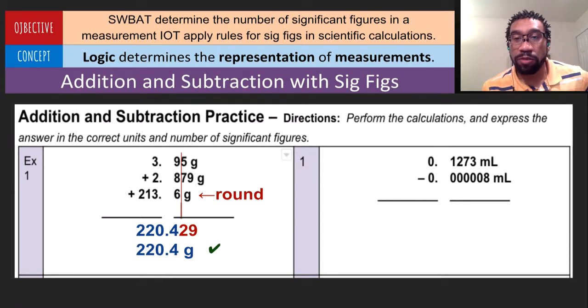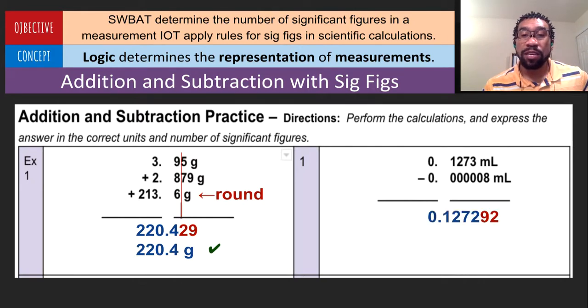We have 0.1273 milliliters minus 0.000008 milliliters. So what does all of this mean? Let's go ahead and plug this into a calculator. When we do that, we get 0.127292. So why do I have the 9 and 2 highlighted in red?